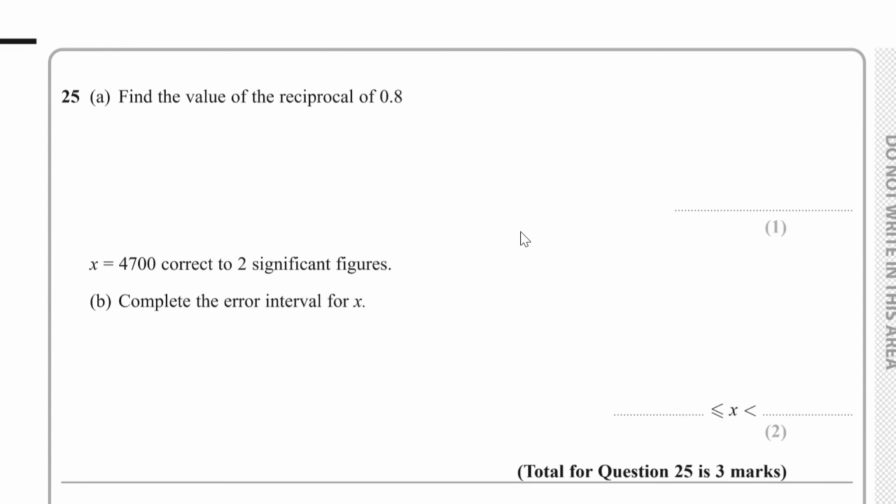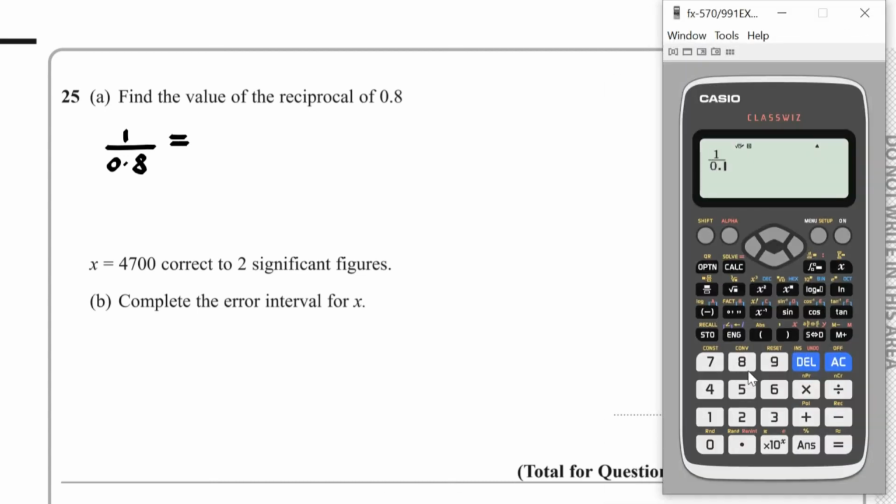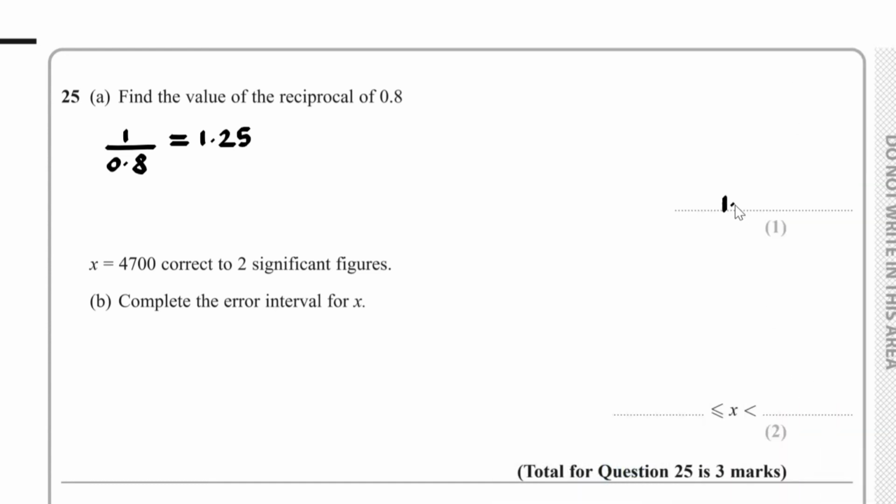Question number 25. We have to find the reciprocal of 0.8. Well, the reciprocal quite simply means 1 over. So we have 1 over 0.8, and if we work out what this is, we get 5 over 4. And if we want that as a decimal, we get 1.25. So we have x equals 1.25.